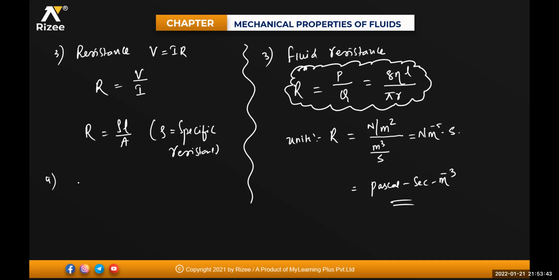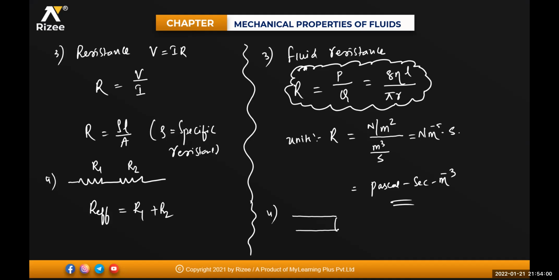Fourth point. When resistors are in series like this, this one is R1, this one is R2. R effective will be equal to R1 plus R2. Fourth point. When two tubes are in series combination right now like this, and one more tube here right now. This is L1, this is L2. Okay. So the pressure differences, if I'm taking right now, must be... In this one, there will be a potential difference, beta.